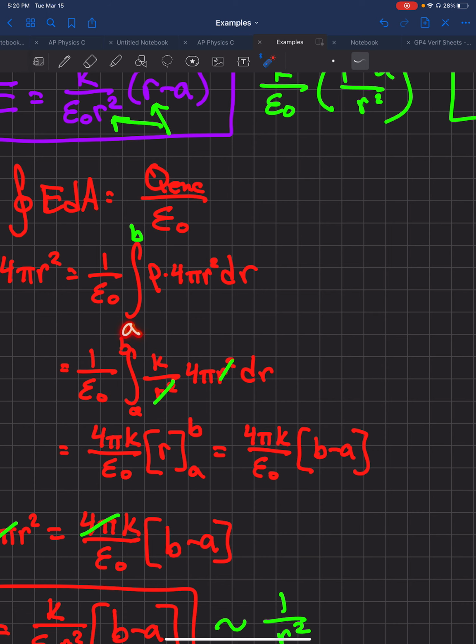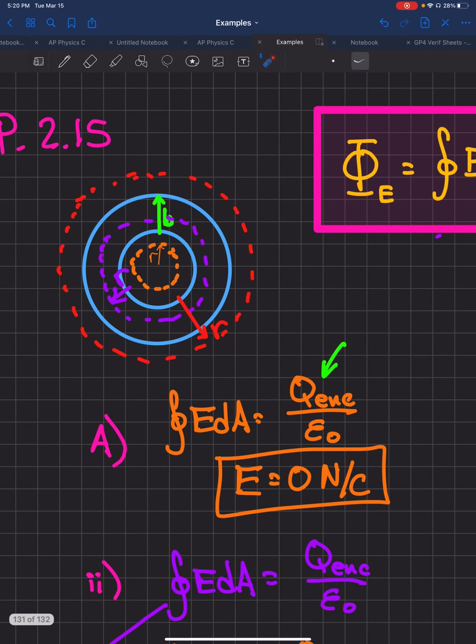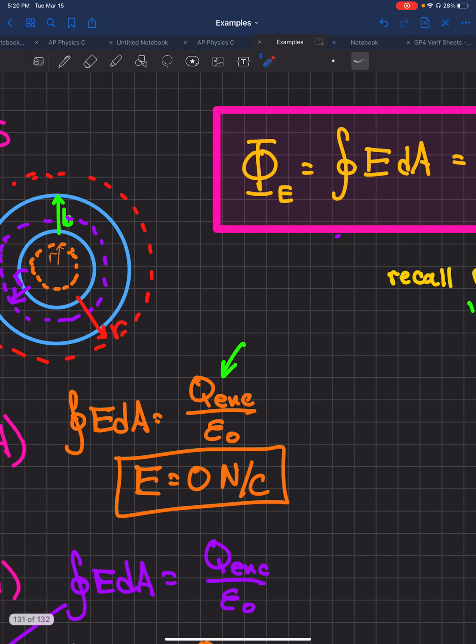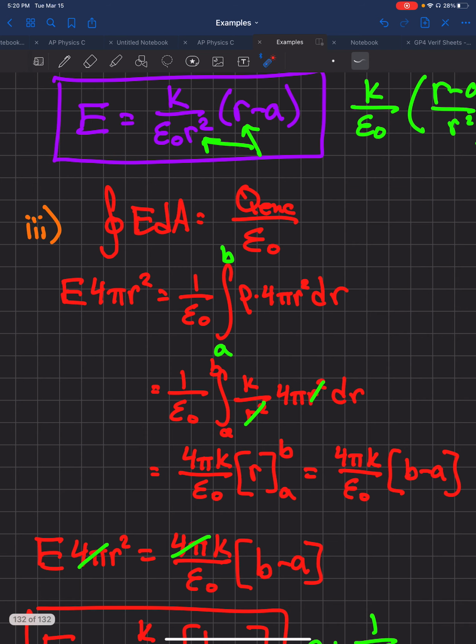Instead of going from A to R, we just need to stop at B, because if I draw my Gaussian sphere way out here, the charge is only enclosed between A and B. There's no reason to go from A to R, because there are no charges out here. It's only in this inner region. So our limits of integration go from A to B.